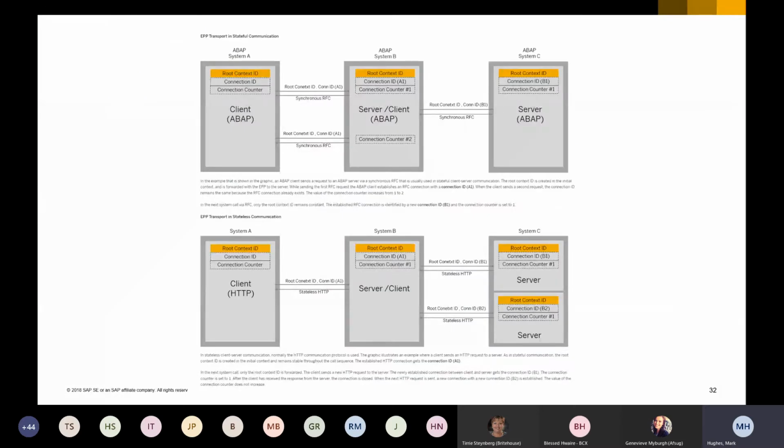And it's essentially by putting into the header of these calls, either stateful or stateless calls, some context and some identifiers that basically track the same logical unit of work across the landscape. And this same technology is what is being used for us to be able to identify indirect document creation.